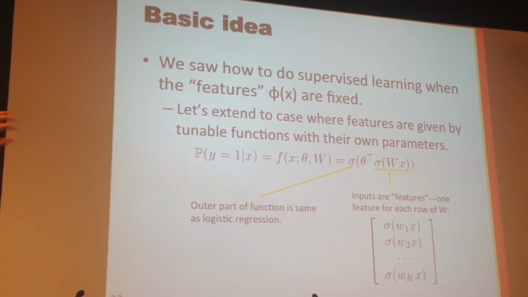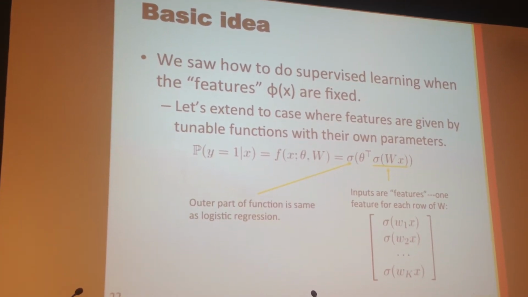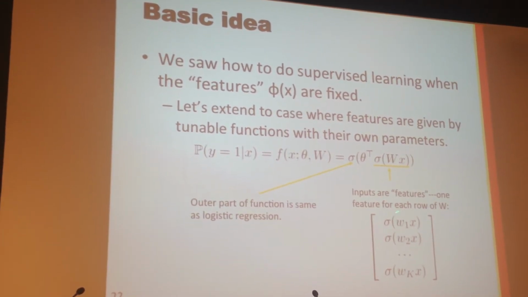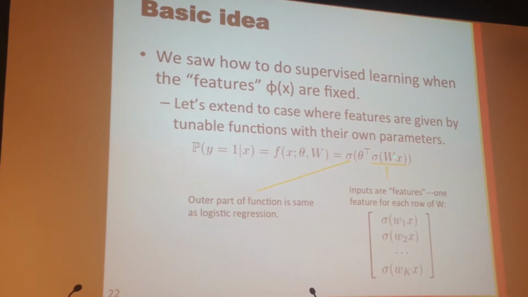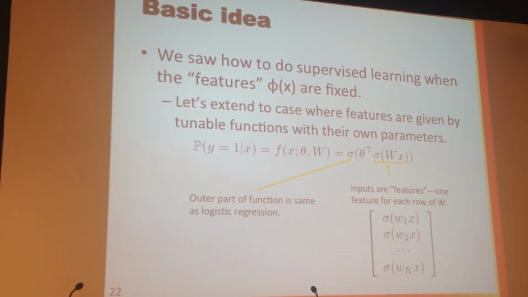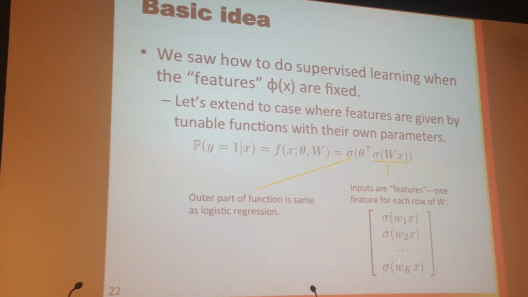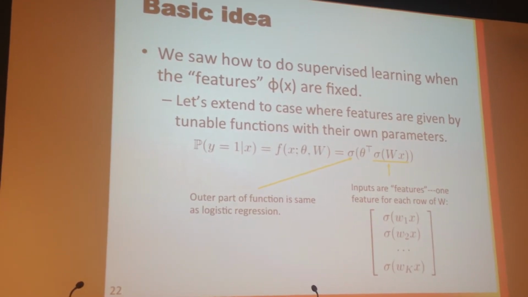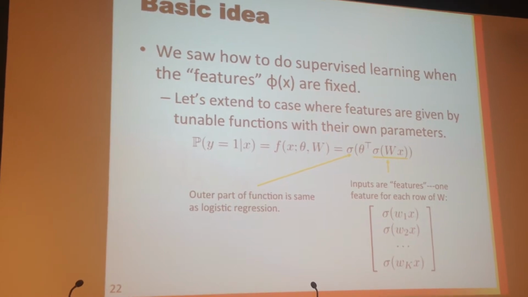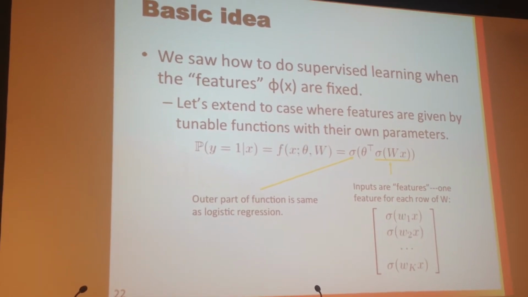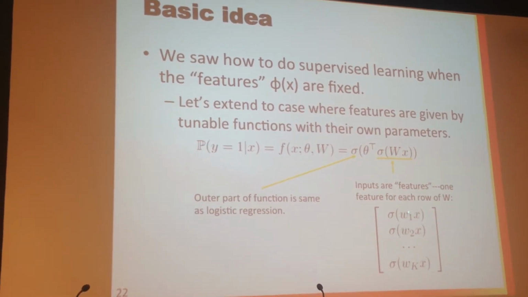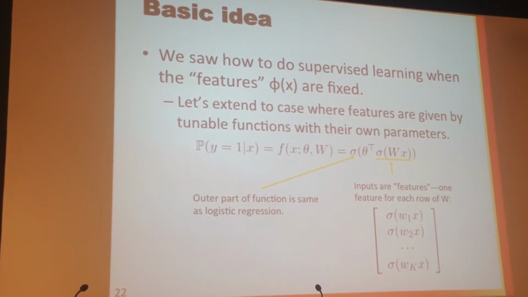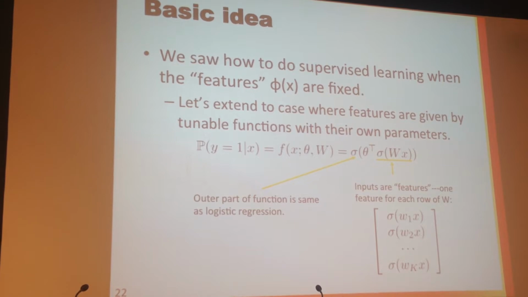The thing to take home about this representation is that it's the same picture as if I had just stuck phi of x in here and it were fixed, but now I have these parameters W, all these parameter vectors. And if I tune W, I can get these features to represent different kinds of things. Intuitively, if I take W1 times x, that will be very large when x and W1 look very similar, when they point in the same direction.